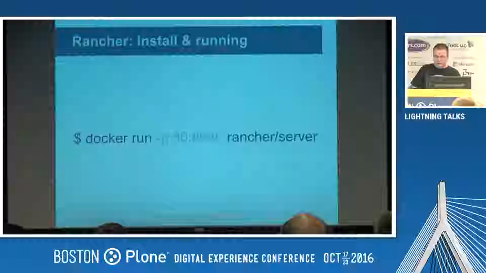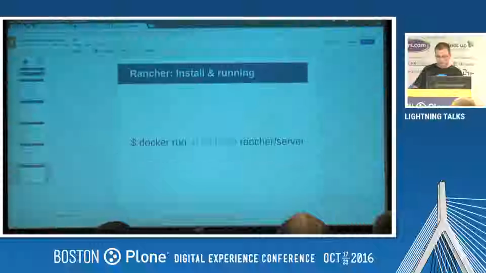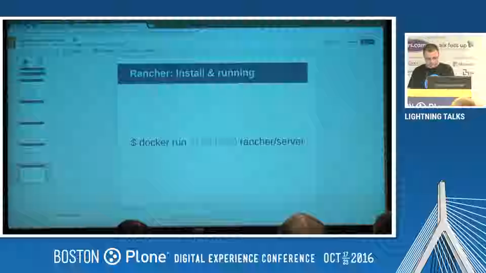And then we use Rancher to deploy our stacks over multiple hosts. So this is how you run Rancher server. You can also add certificates and map port 443 via the -p option.